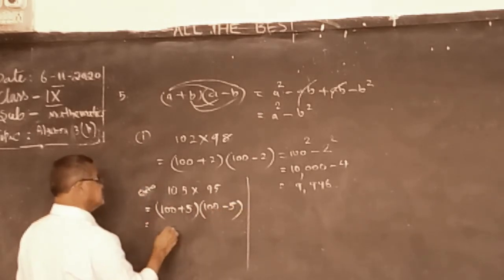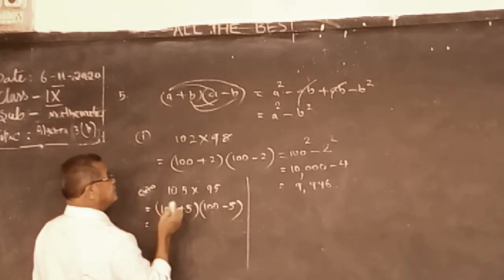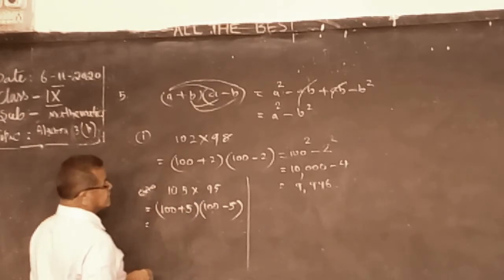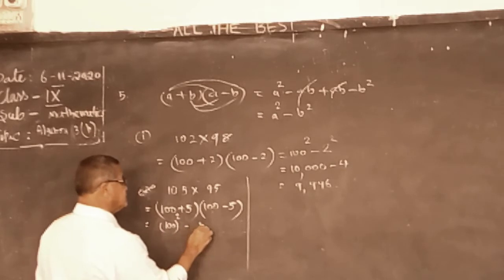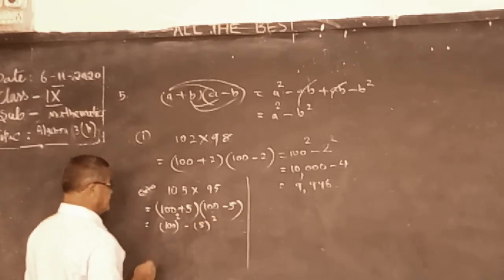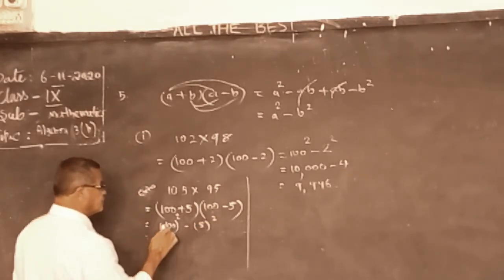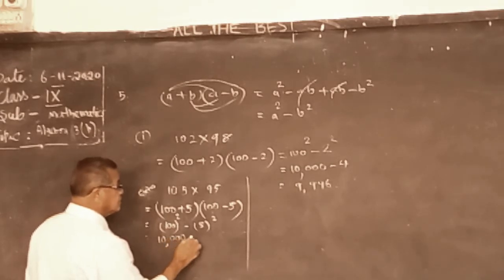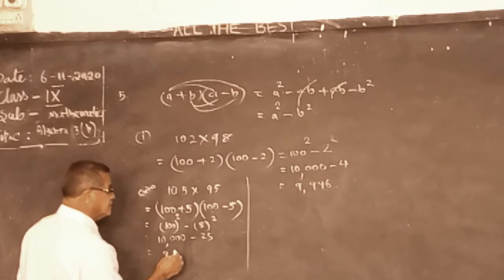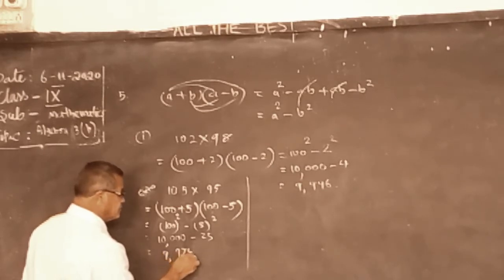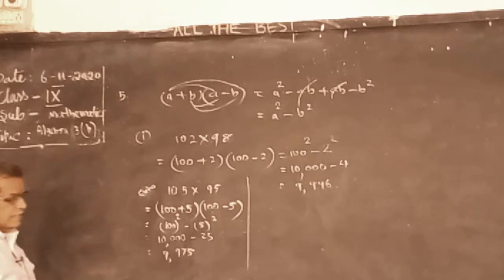So the answer is a plus b into a minus b, a squared minus b squared, that is 100 squared minus 5 squared. So this is 10,000 minus 25, so this is 9,975. Like this we can do.